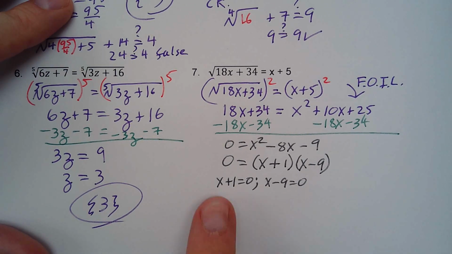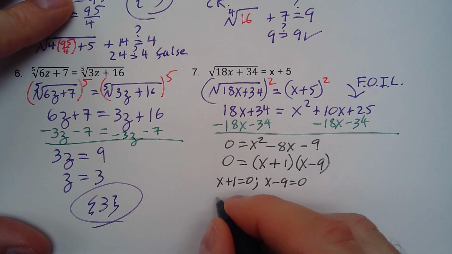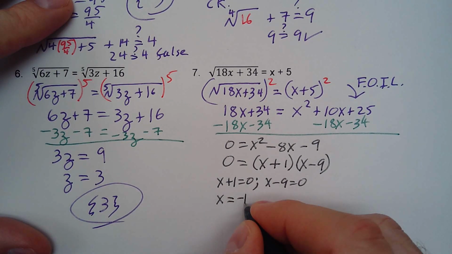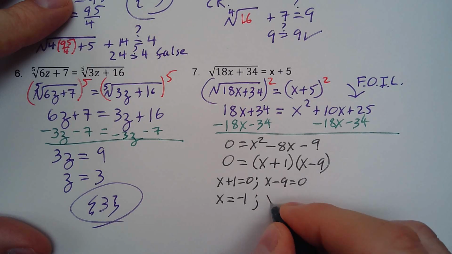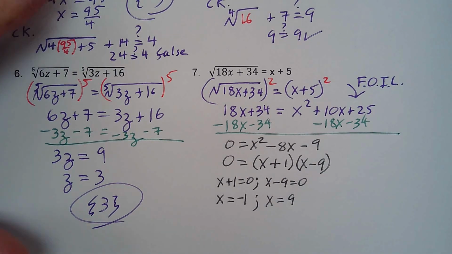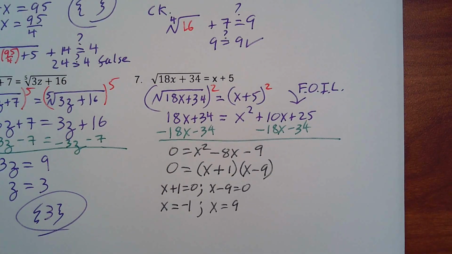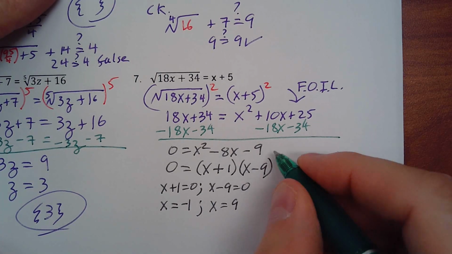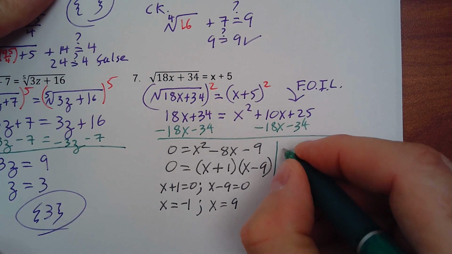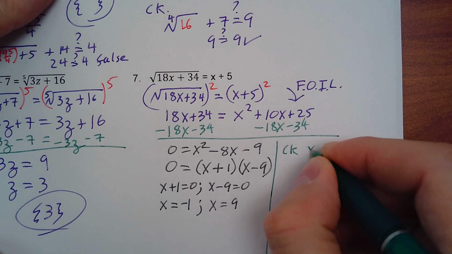So for this first one, subtract 1 from both sides, we get x equals negative 1. Here we get x equals positive 9. Now, we do need to do the checks. So let me first check x equals negative 1.